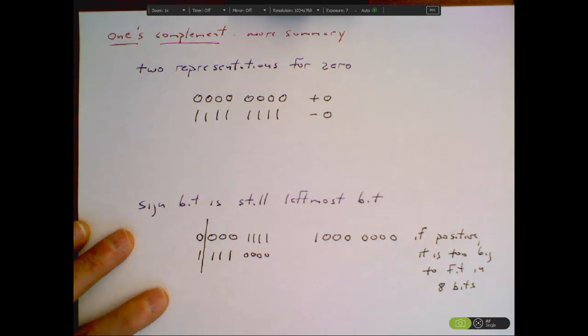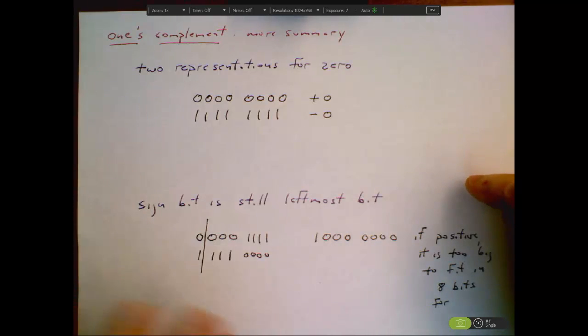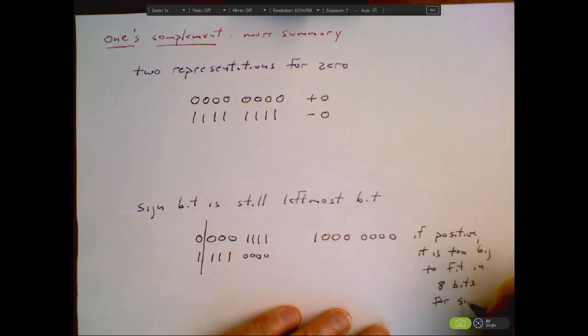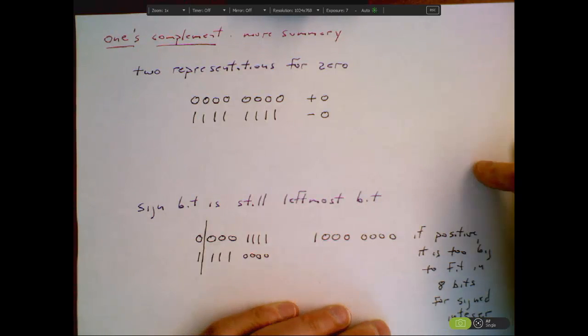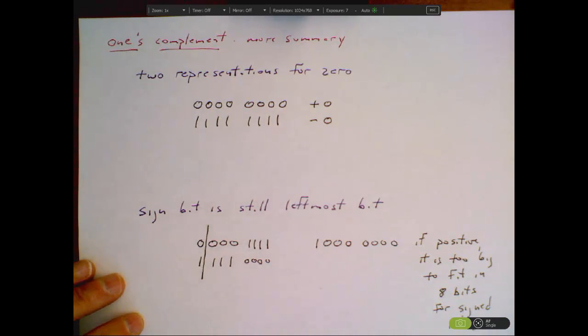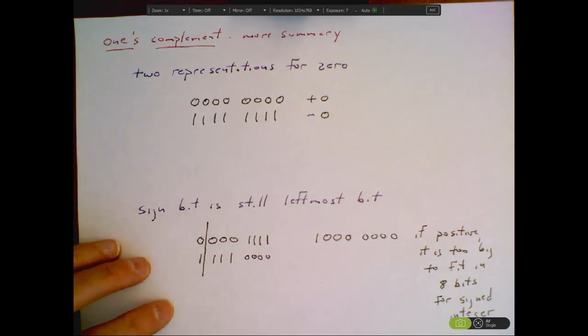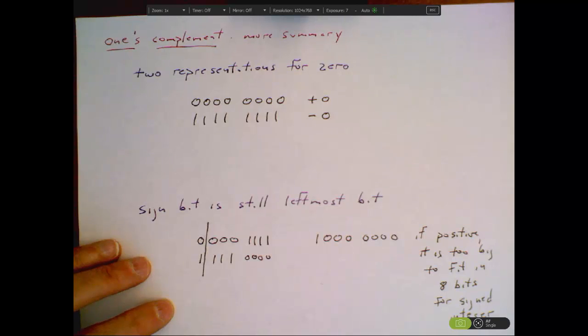It's too big to fit in 8 bits for a signed value, right? If the value is signed, then the magnitude can't overflow into that bit. Why not?